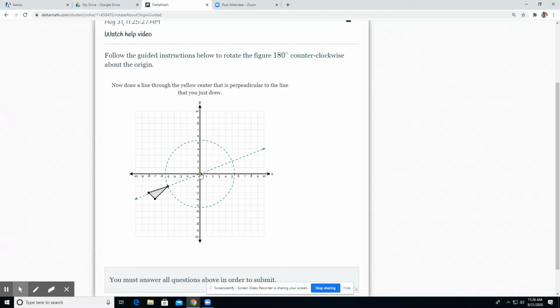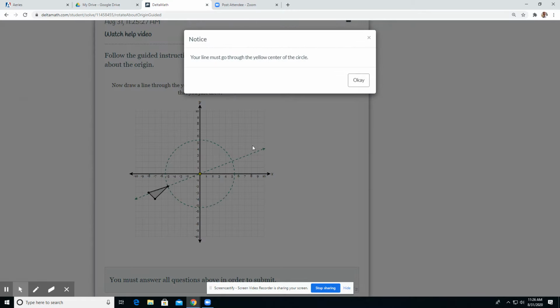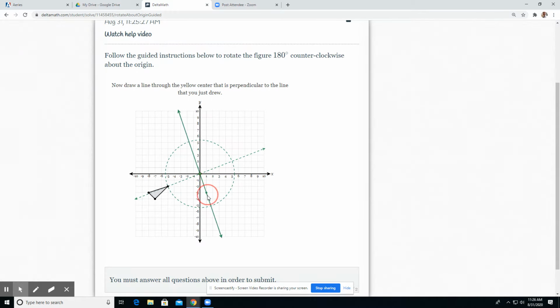So I'll start with the negative 5 first. I can go down, that would be okay. Let's try it that way. Negative 5, 1, 2, 3, 4, 5, positive 2, 1, 2. So that's where I got my other one. So they want us to go through that point right there.